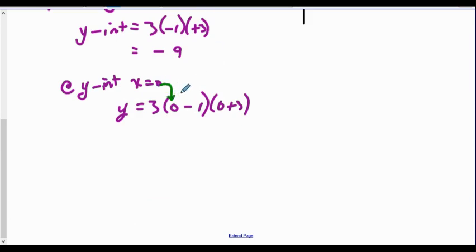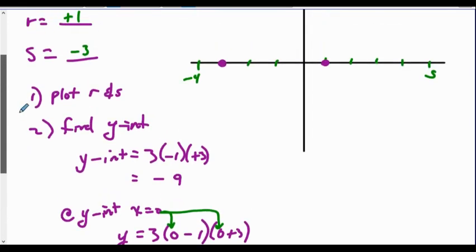There's the x put right into my equation. Now I can solve that and see that y equals 3 times -1 times positive 3. So my y-intercept is down 9.